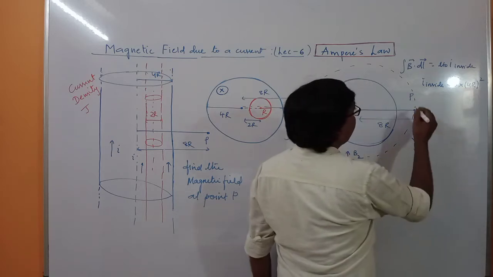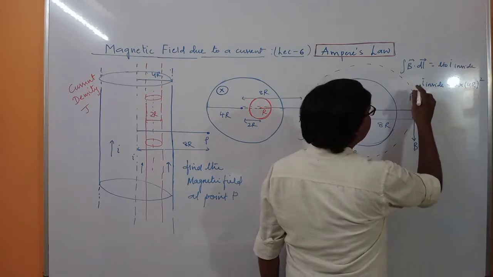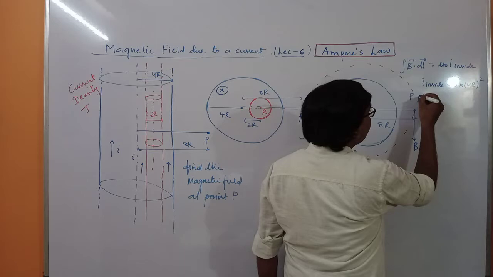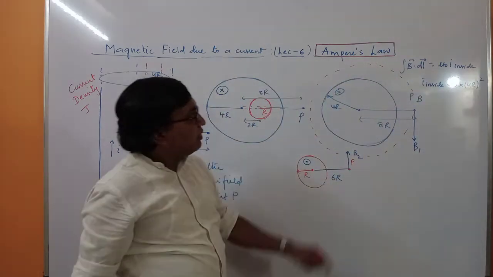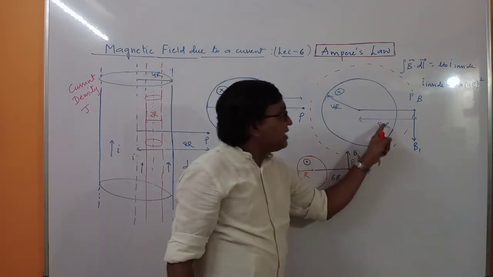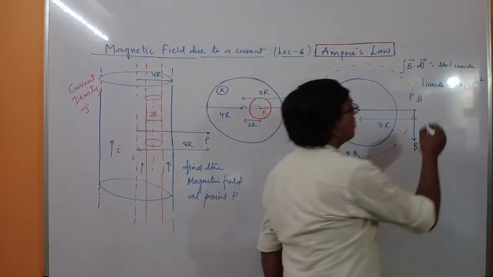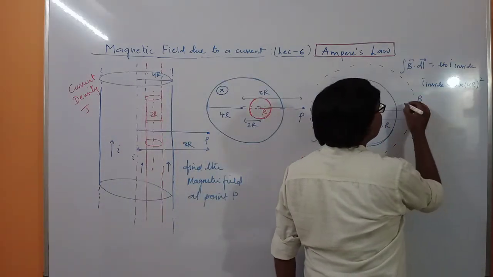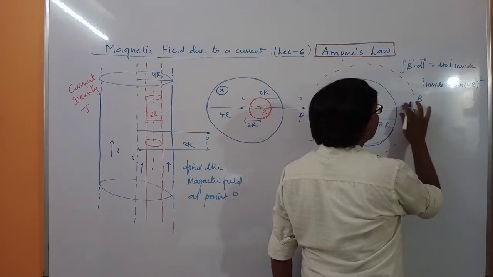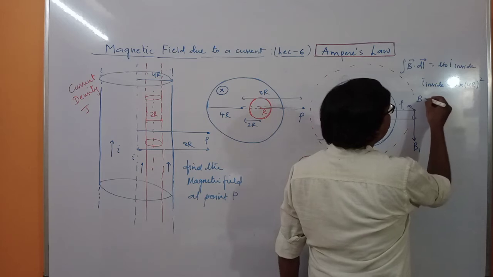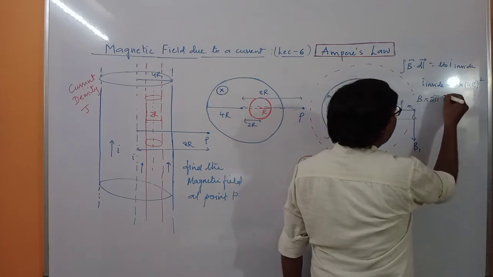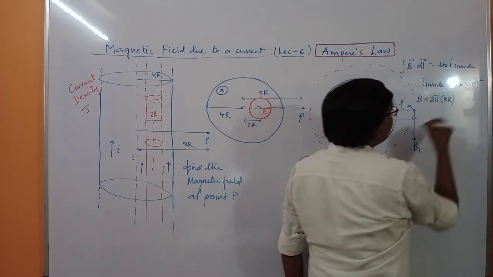Now B dl. Magnetic field is constant, so B times dl. The length of this Ampere's loop will be 2 pi r, and the radius is 8r. So B into 2 pi r, where r is 8r.